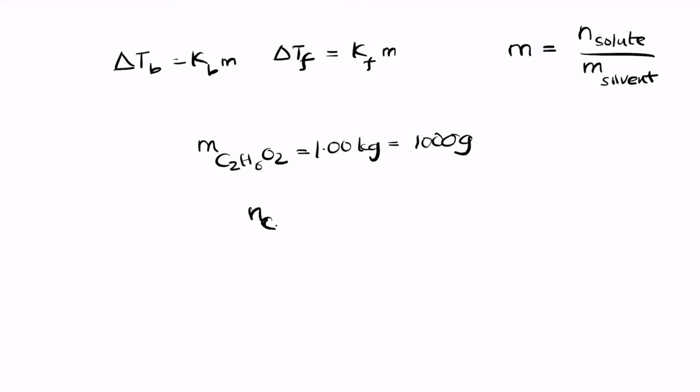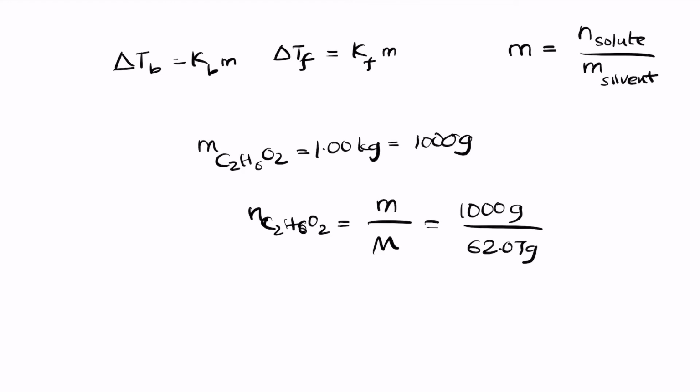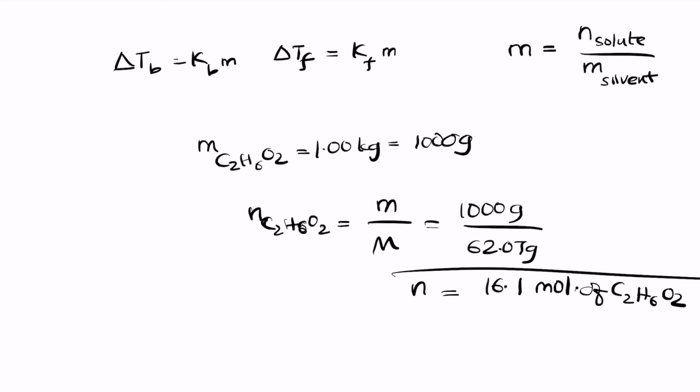Now the number of moles of C2H6O2 will be mass divided by molar mass. So that is 1000 grams divided by the molar mass of ethylene glycol, which is 62.07 grams per mole. So the number of moles becomes 16.1 moles of C2H6O2.